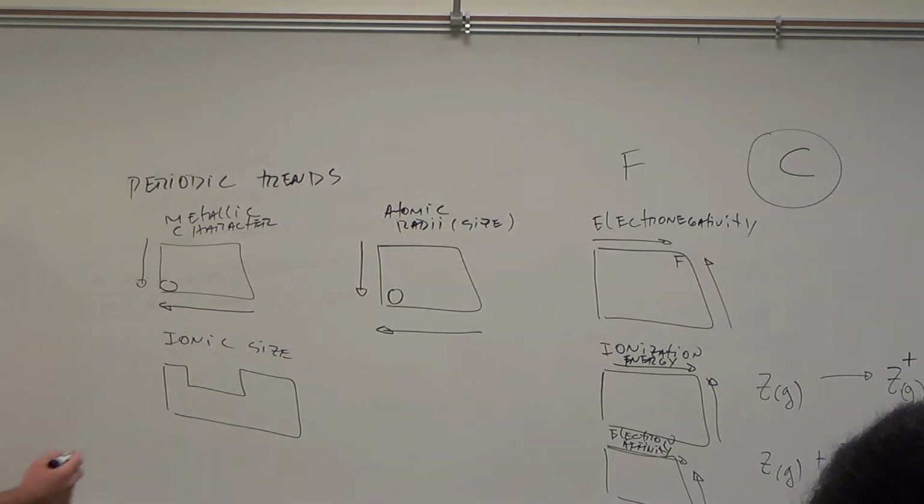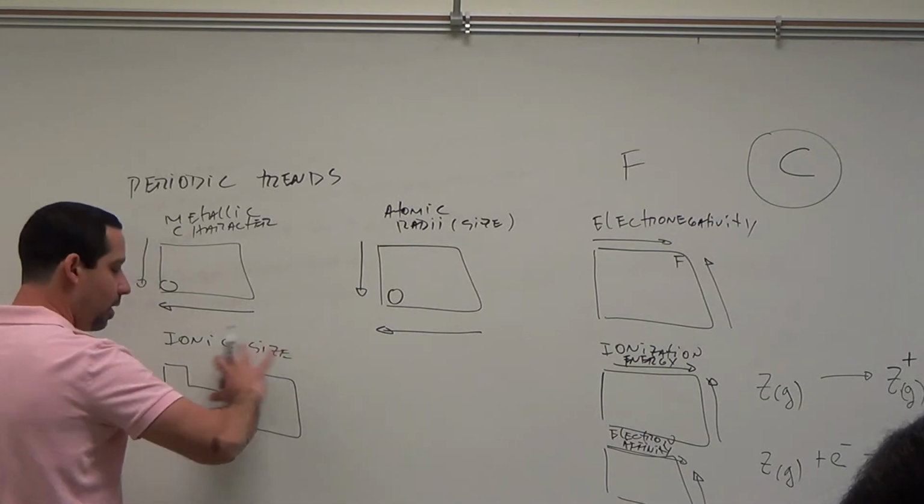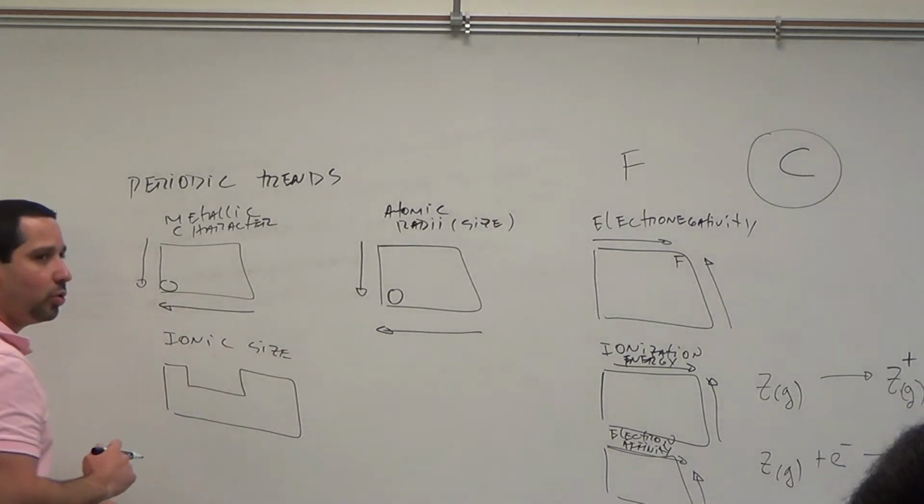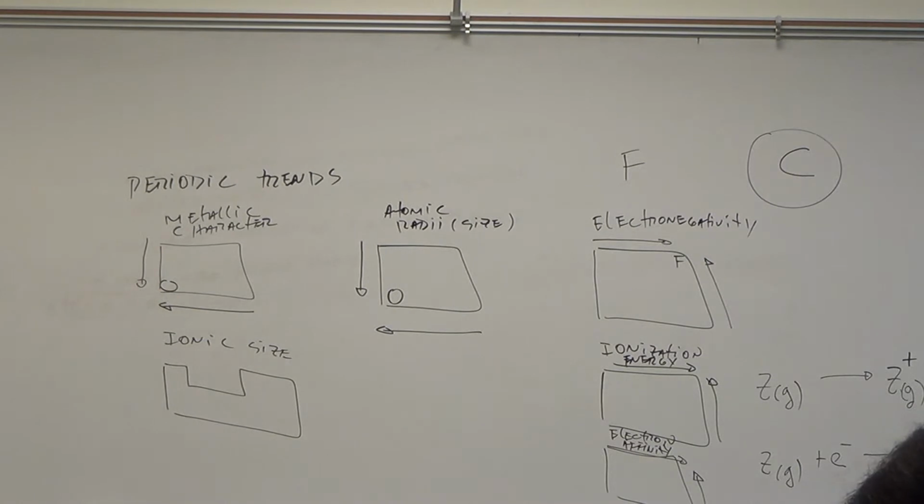Now, the ones on the right-hand side of the periodic table like to gain an electron, while the ones on the left-hand side like to lose an electron. The elements are going to do whatever is easier. It doesn't care about losing or gaining, it just cares about what is less.